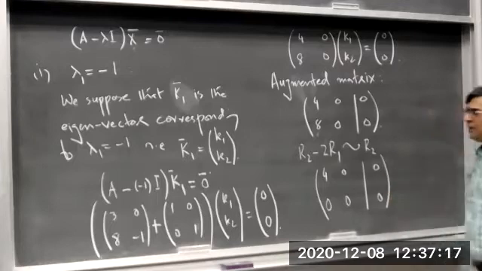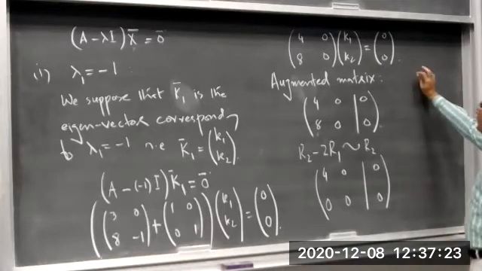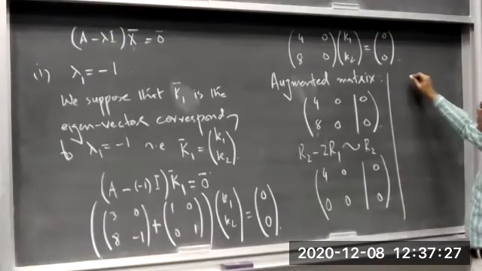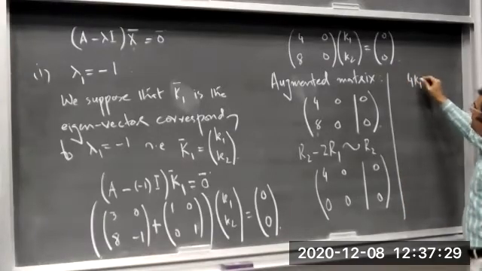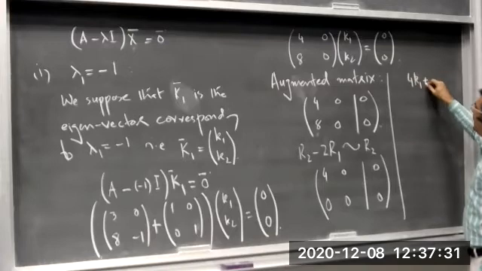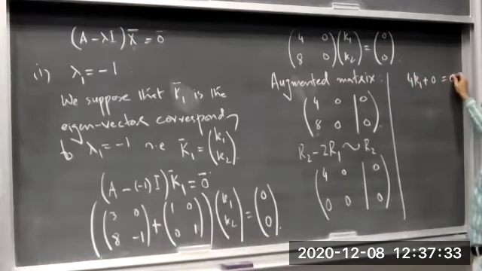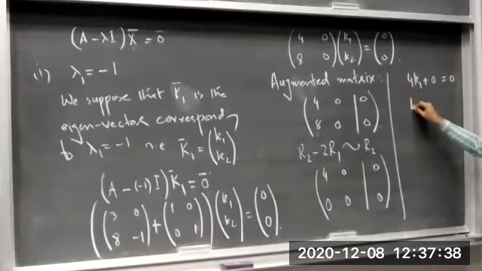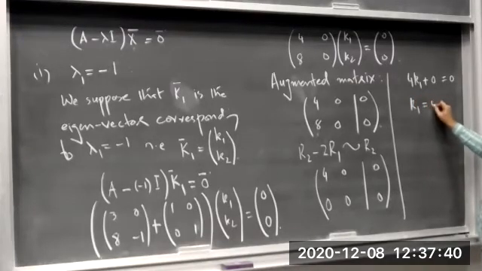Now this is in echelon form. From this system, we get 4k1 plus 0 equal to 0, and the second equation is already 0. So from this equation, we get k1 equal to 0.